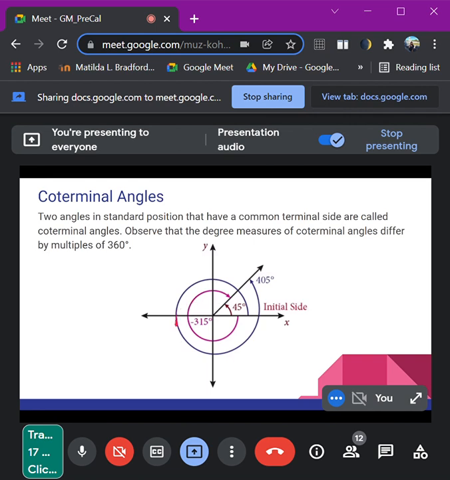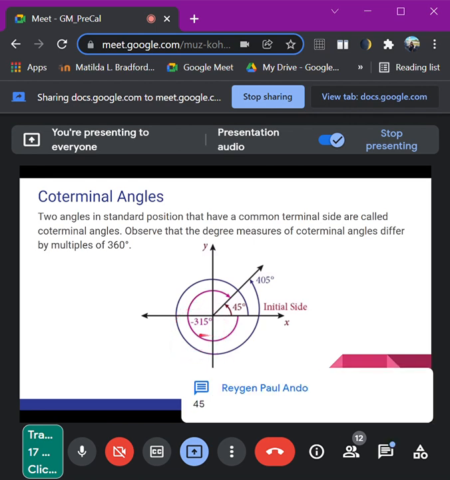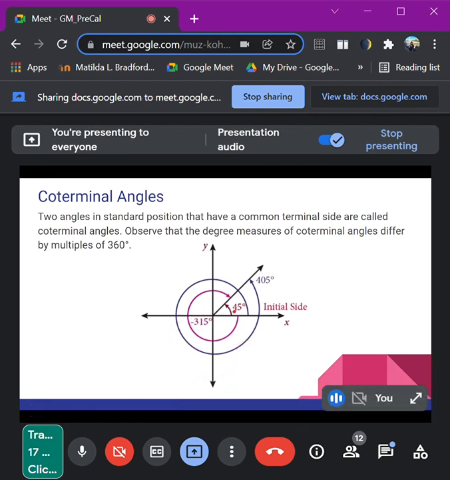Or 315 plus 360. Okay, that is 45. So, as you can see, they are indeed coterminal since if you add or subtract 360, you will get its coterminal angle. And then, class, if we add 360 plus 45, what is the result?